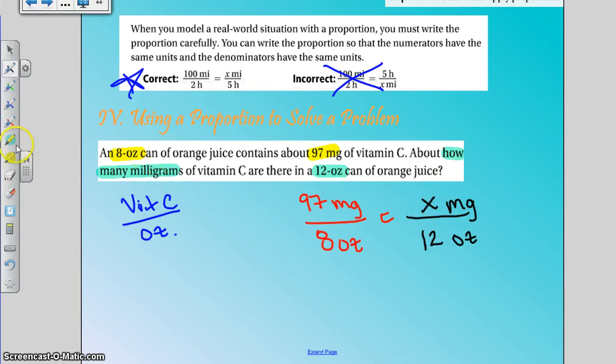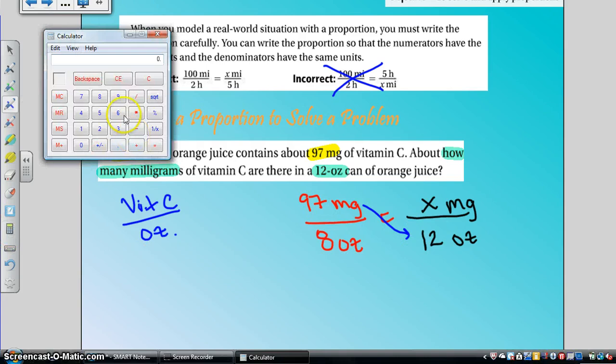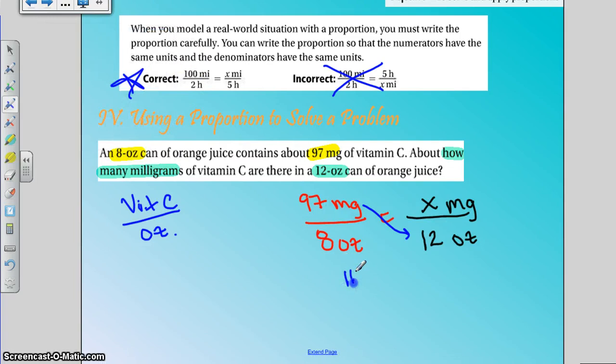All right. Then from here, we should know what to do. Just cross multiply. So 97 times 12, I have no idea what that is. 1,164 equals 8x. Again, you just take that x, multiply it by the 8. So we need to undo the multiplication by using division. I'm just going to flip that to have my x on the left.